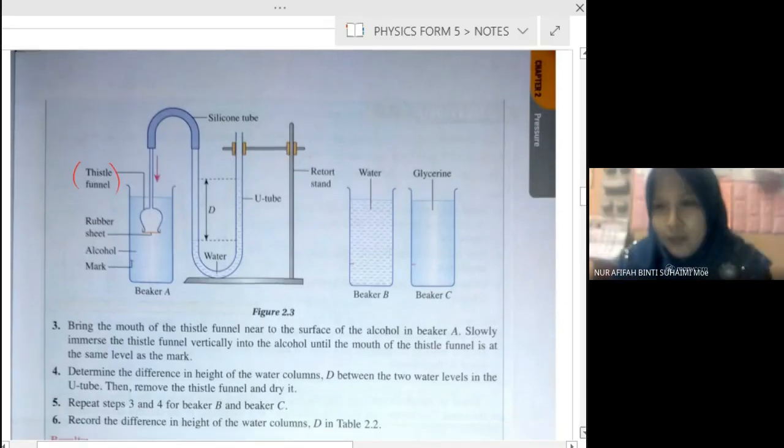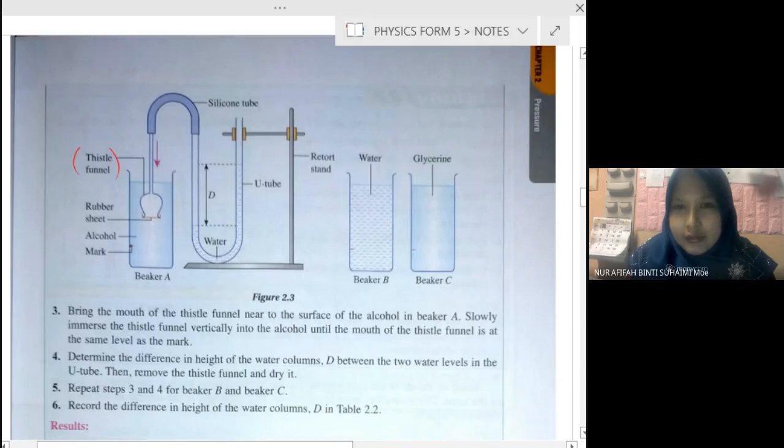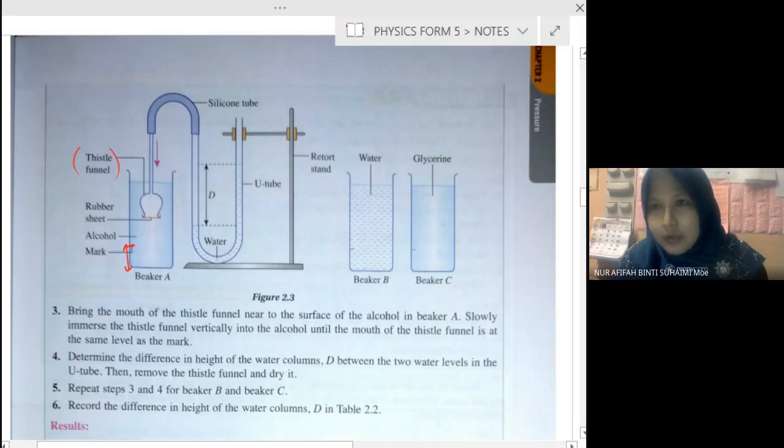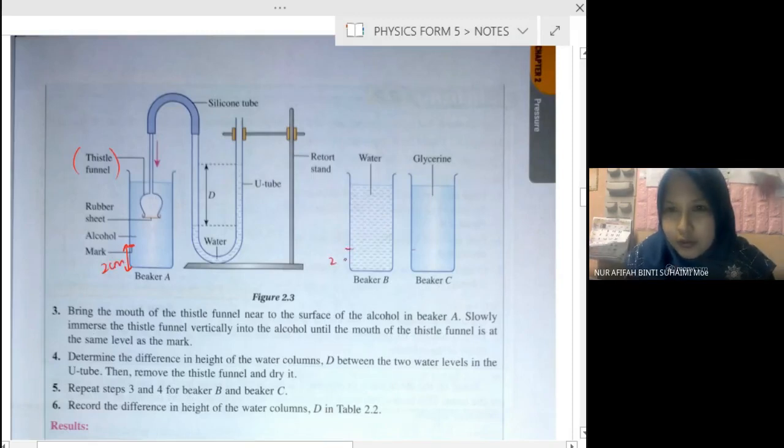So same method, but we need to fix a constant. The constant here is the depth, the height. We mark the height that we want to immerse the thistle funnel. So in this experiment we fix the depth from the surface or from the bottom to the mark as 2 cm.